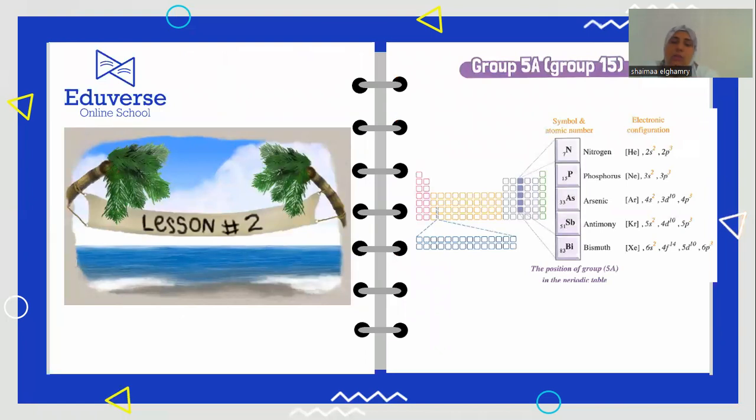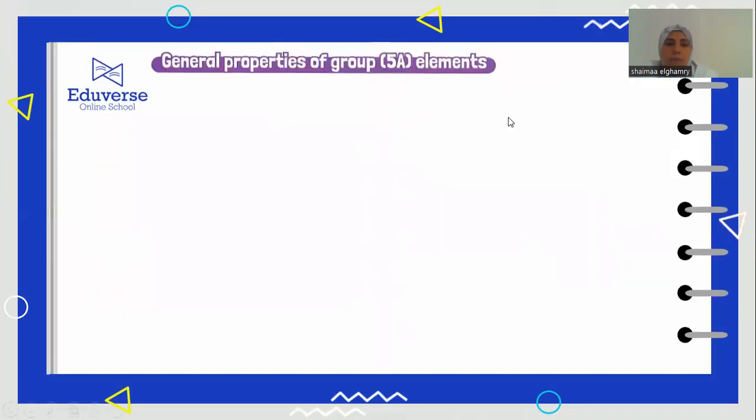Finally, we reached lesson 2 of chapter 4, which talks about group 5A in the P block. Group 5A in the P block is made up of nitrogen, phosphorus, arsenic, antimony, and bismuth. All of them have 5 electrons in the outermost energy level, so all of them have an electronic configuration which ends with ns2np3.